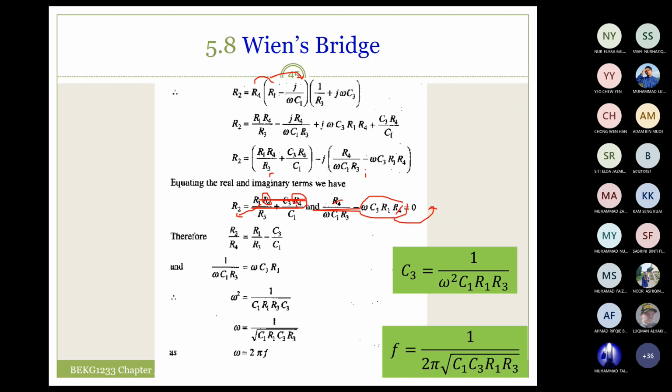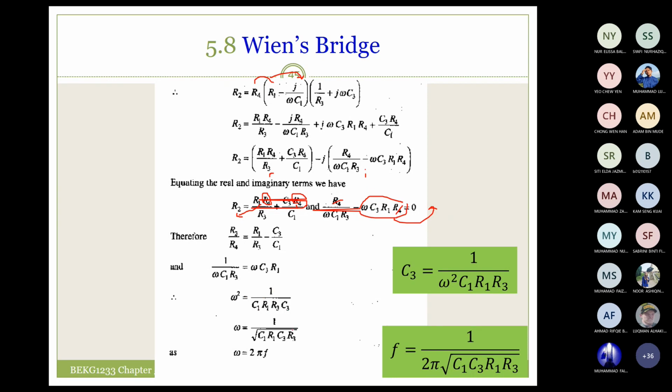Then we can get omega. We multiply this with this, and we get omega squared is equal to 1 over C1 R1 R3 C3.